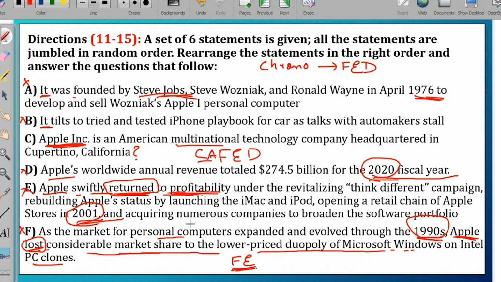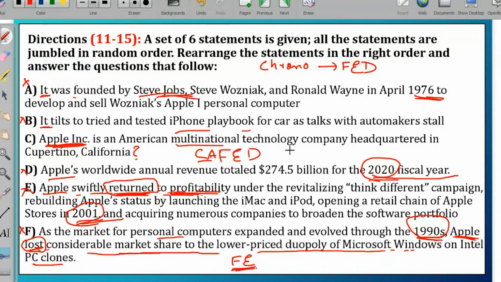Let's do it again. ओके, लेट्स सी. बी कहां पर आएगा? देखो अब एफ ई डी तो आ गया. अब बी कहां? इट टिल्स टू ट्राइड एंड टेस्टेड आईफोन प्लेबुक फॉर कार एज टॉक्स विद ऑटोमेकर्स स्टॉल. ये आएगा ए के बाद.